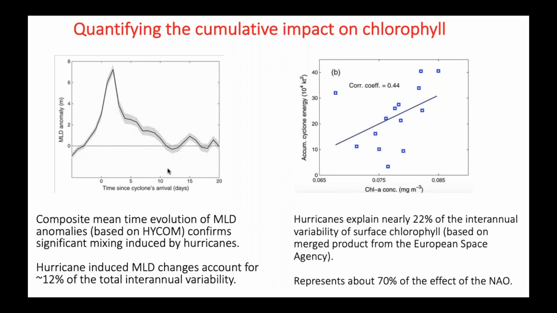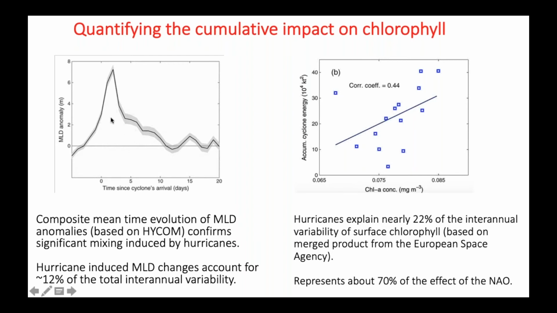And what we can see is this increase in mixed layer depth represents approximately 12% of the total interannual variability of mixed layer depth. So hurricanes are responsible for nearly 12% of the total interannual variability of mixed layer depth in the Sargasso Sea, which is pretty significant.